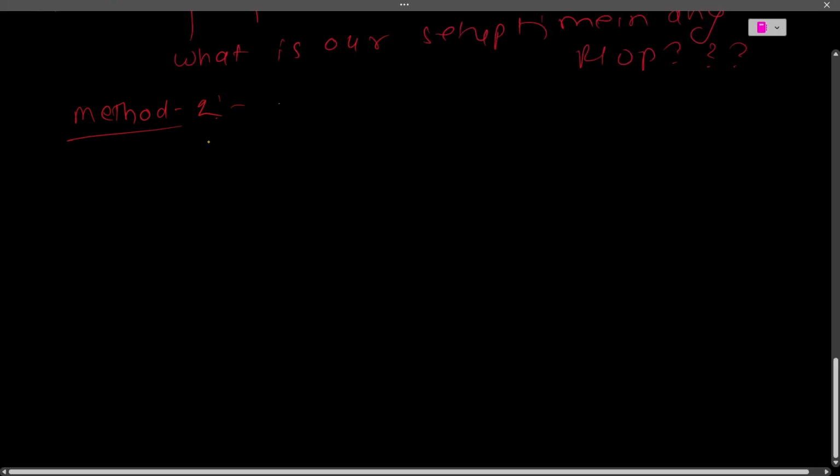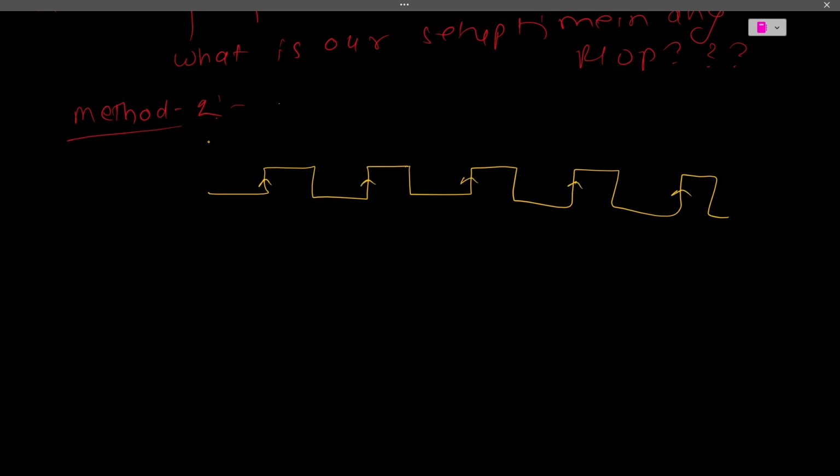Method one: let's say we have our clock and we have our data, and we are delaying the data to this point. We are pushing the data towards the clock and trying to find out when it fails. Let's say this is our d0 data, this is d1, d2, and this is d3.